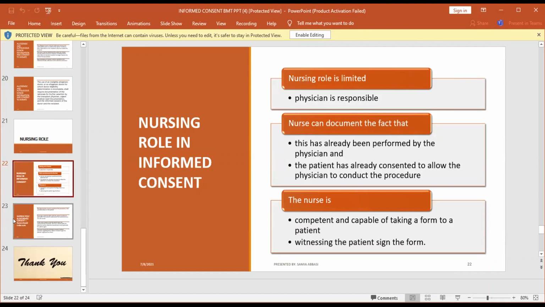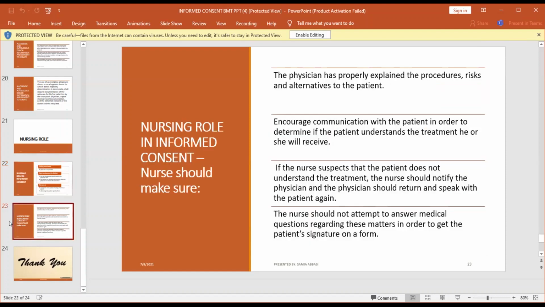The nurse is competent and capable of taking the form to the patient and witnessing the patient sign the form. The nurse should make sure that the physician has properly explained the procedure, risks, and alternatives to the patient. The nurse also encourages communication with the patient in order to determine whether the patient understands the treatment or not.